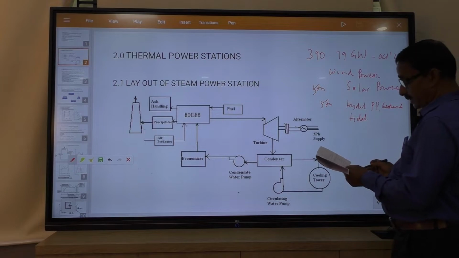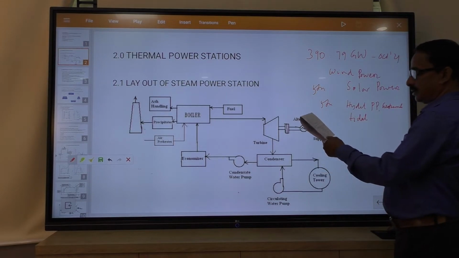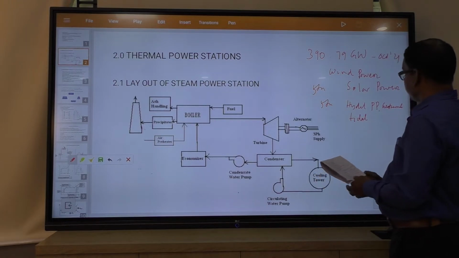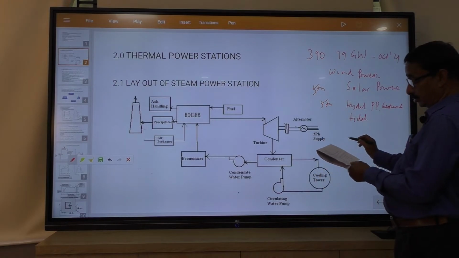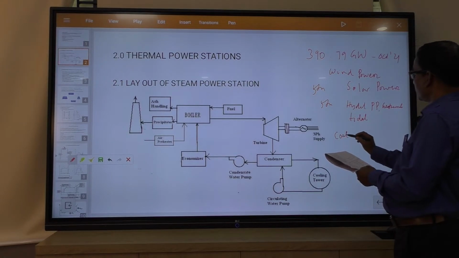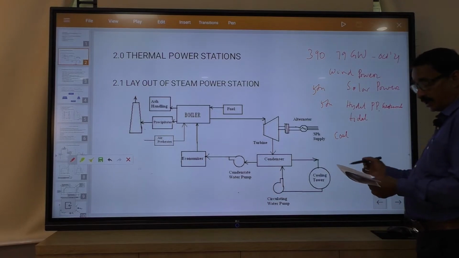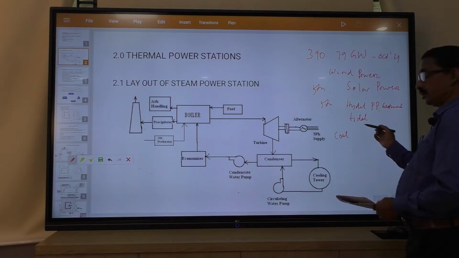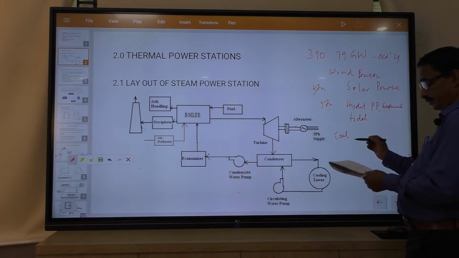If we take the statistics of the coal based power plant, here I want to mention the thermal power capacity from coal. Coal, you know, is a solid fuel, from which after combustion we get heat, and that heat is utilized in the boiler to produce steam.